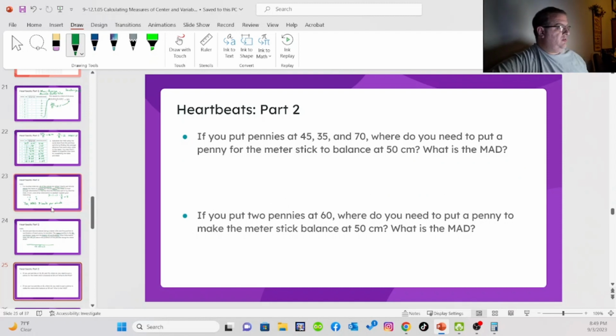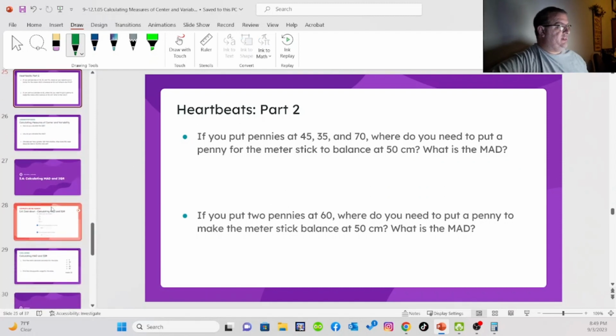So now that we're back as a whole class, we'll look at these last few questions. It says, if you put pennies at 45, 35, and 70, where do you need to put a penny for the meter stick to balance at 50 centimeters? So if you think about this, if I have a meter stick and we want it to balance at 50, then 45 is 5 below. And 35 is 15 below.